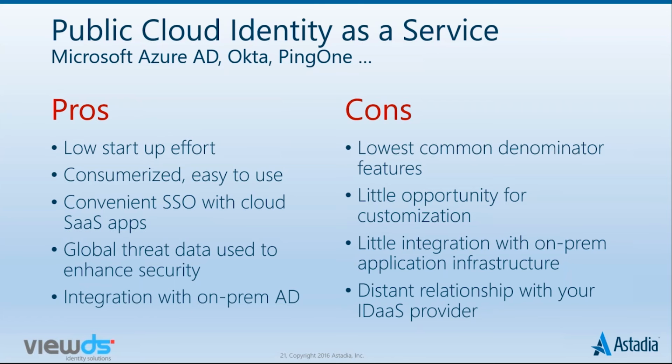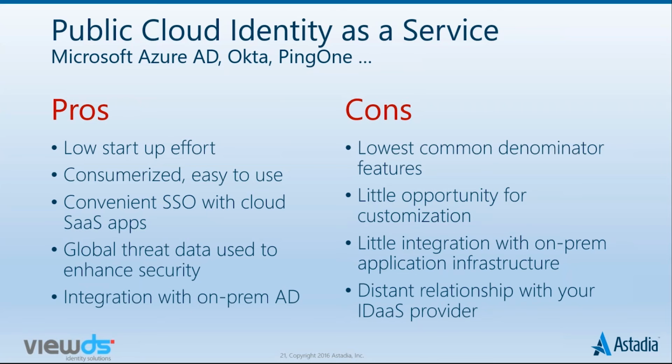They have millions and millions, in fact billions of authentications every day, and they're using that information to build threat models to understand the way hackers are trying to compromise people's accounts, and they're improving their internal policies and the software to mitigate those threats. So when you have a public cloud identity as a service that's being used by tens of millions of people, you get access to that kind of threat data.